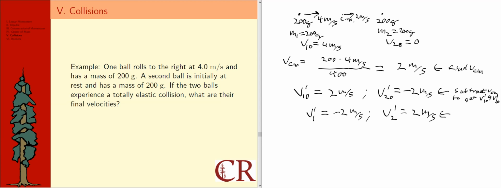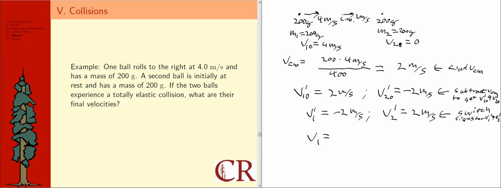So basically, it's switch signs on everything. Switch signs for getting V1 prime and V2 prime, which are the final velocities in the center of mass frame. And now what I need to do to find the final velocities in the regular old frame, the frame we've been watching this from since the beginning, is add back the center of mass velocity.